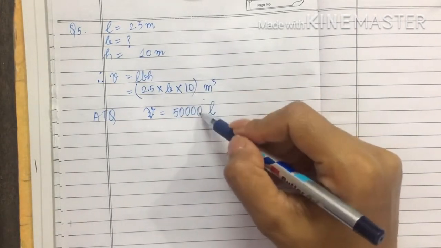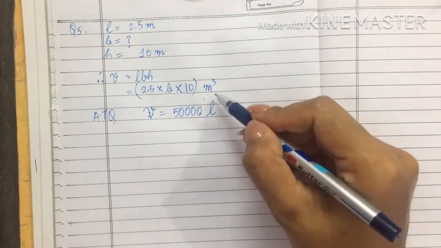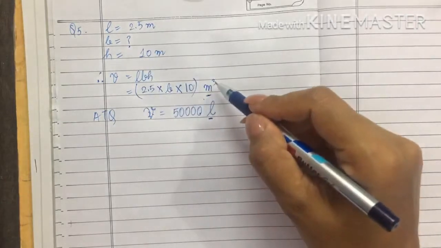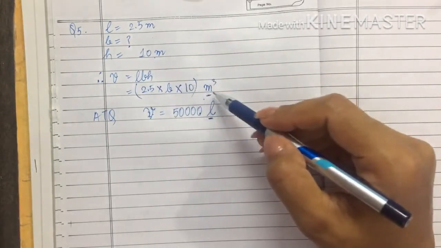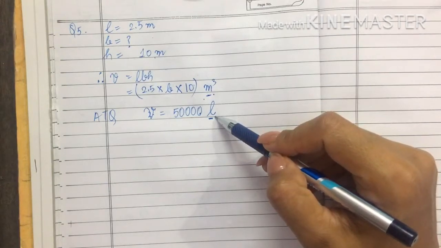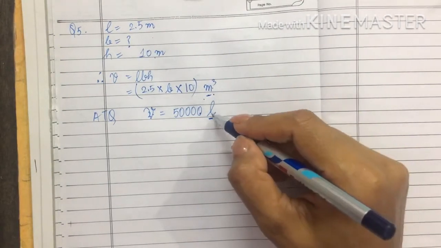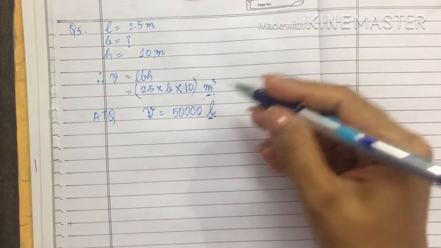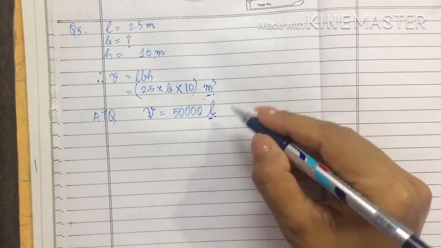These two answers will be equal, but make sure that you convert the units because the volume, which is calculated using the length, breadth and the height, is in meter cube, but the answer given in the question is in liters. Convert one of these. I'm converting liters into meter cube, or you could convert this into liters, any one of the two.